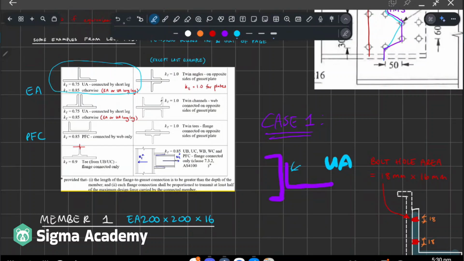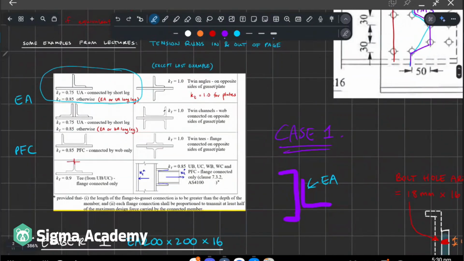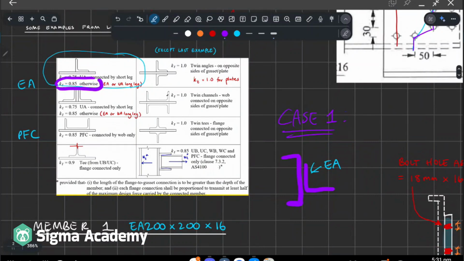So what I've drawn here means it's connected by the short leg. But you can also connect by the long leg like that, okay? So that's also an unequal angle. But we have an equal angle. So basically, KT is 0.85.